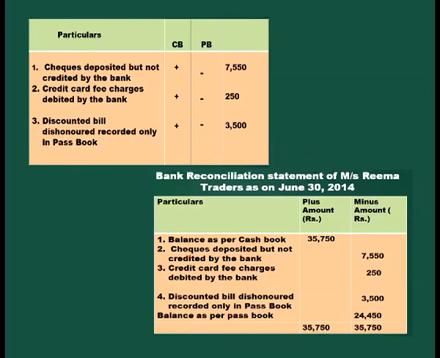After totaling two columns, biggest total will be written and there is a shortage of rupees 24,450 where you have to write in the particulars column balance as per passbook because we are starting with the balance as per cash book. One more question for favorable balance.